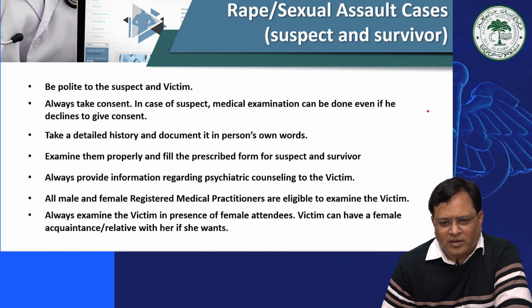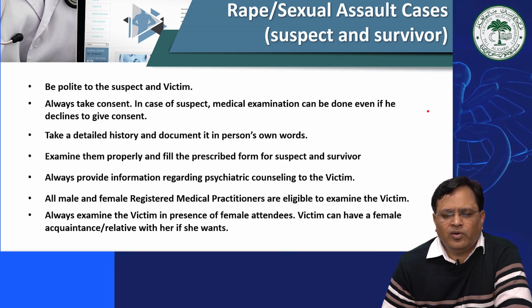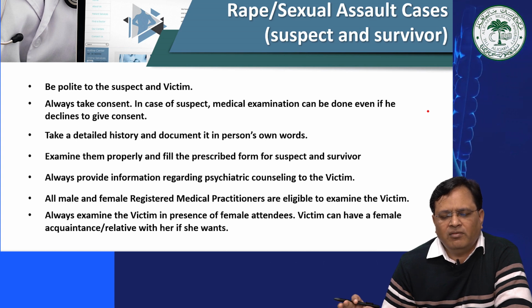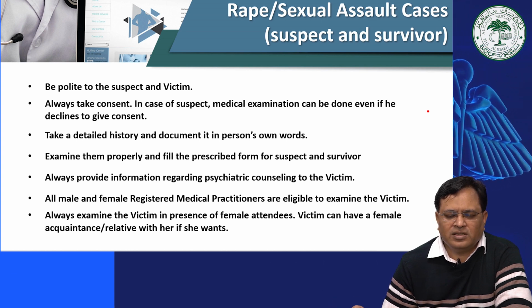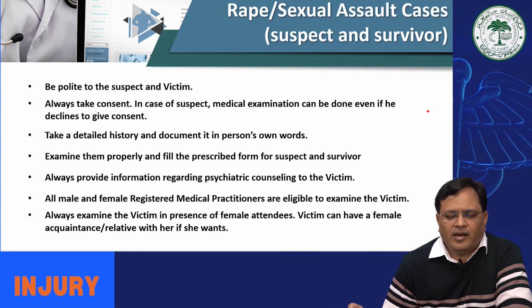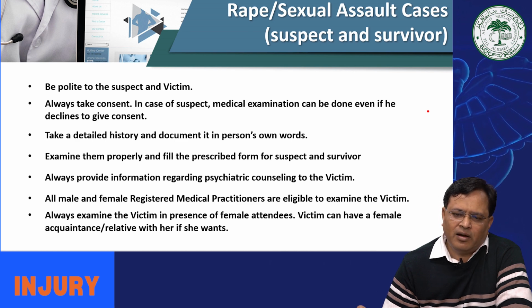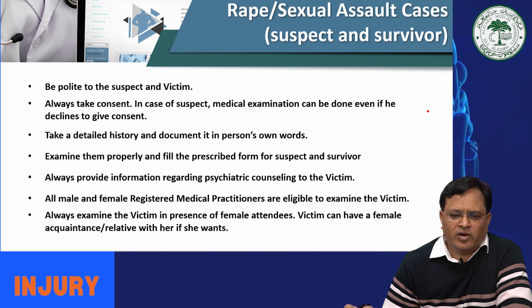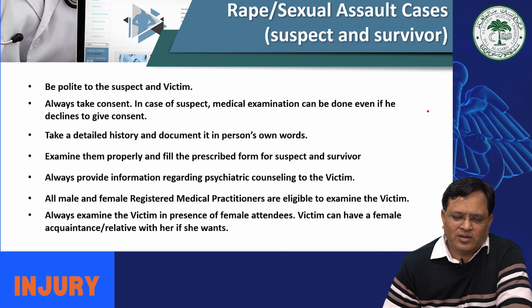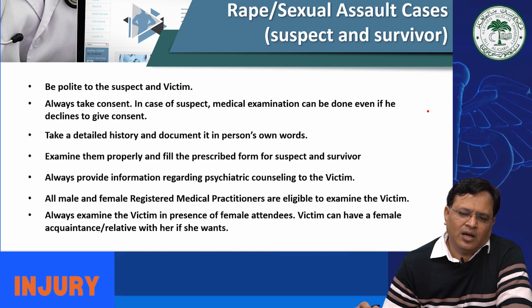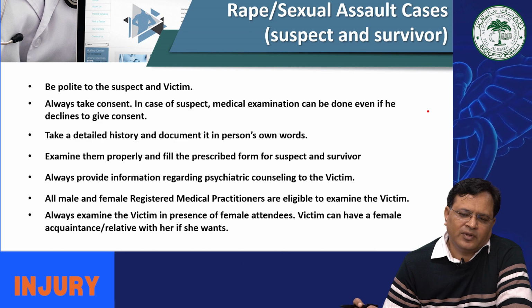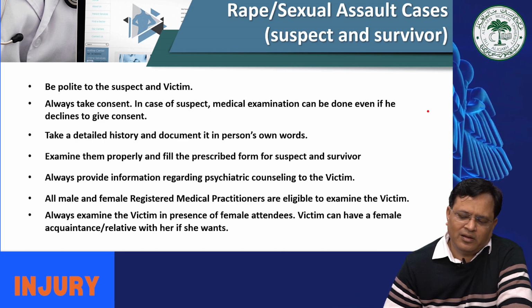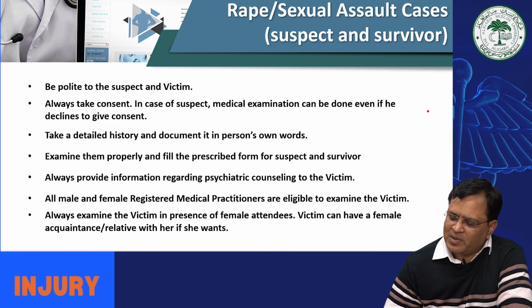There is a proper guideline on who will examine and who will not, and there should always be an SOP in the hospital for doing that. Every institution should have a one-stop crisis center for sexual assault survivors, and we should have a proper facility under one roof to examine them.